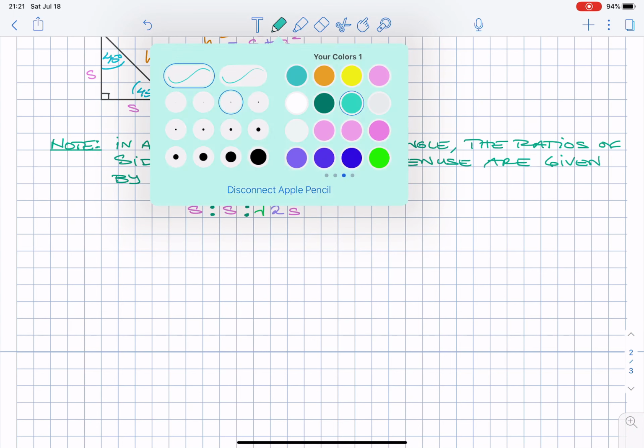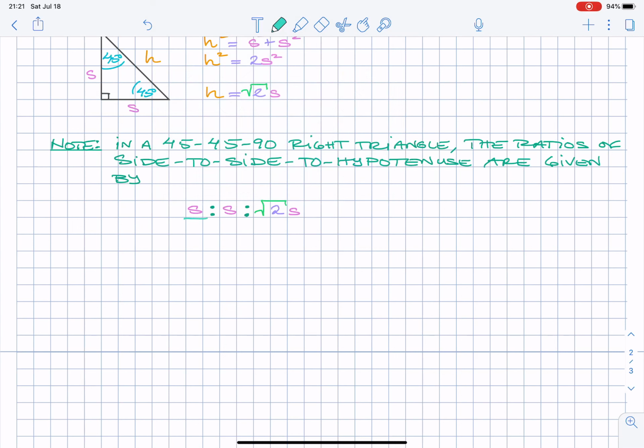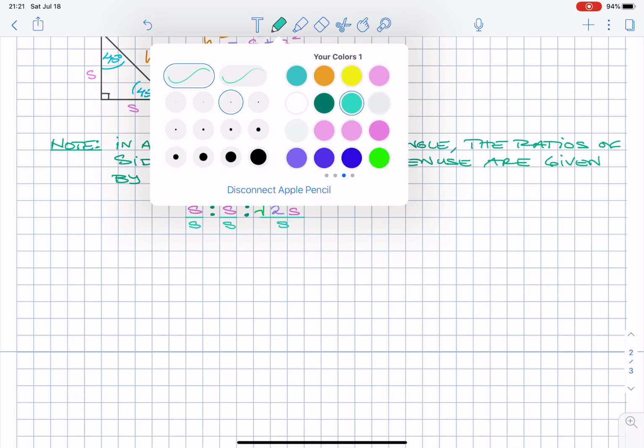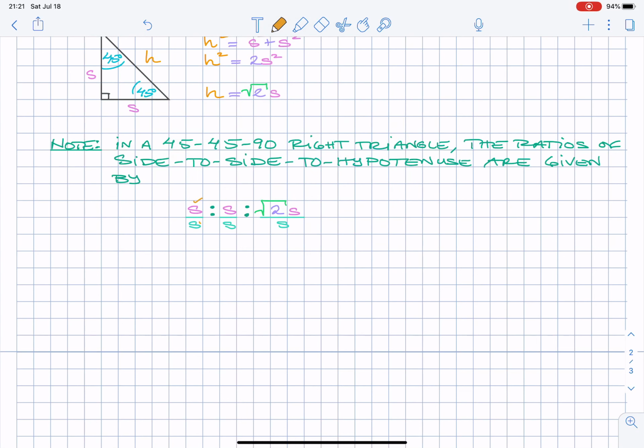So what I'm going to do, I'm going to divide off by what's common to all three. So let's divide all three parts of this ratio by S. So the S's reduce in each part of this ratio.